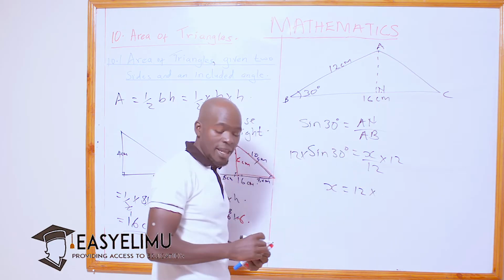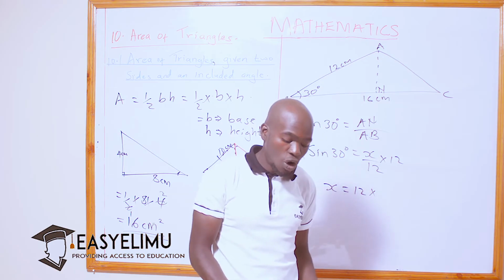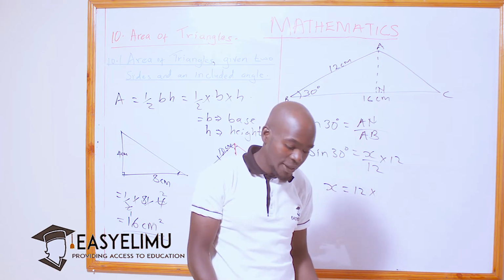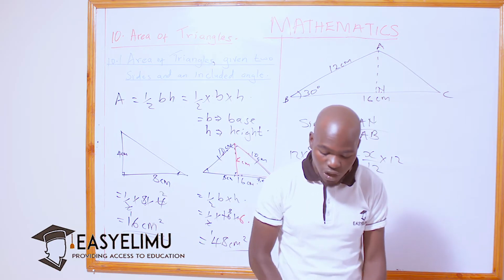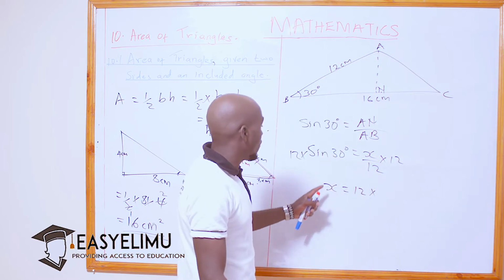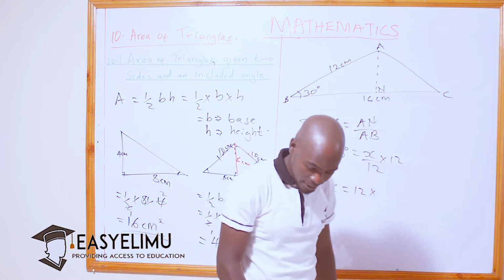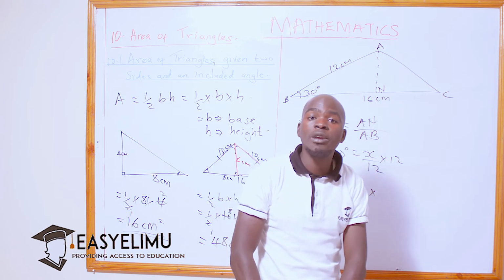You can use either the tables or a calculator, but in our case we shall be using natural tables, natural sines. Under the natural sines we shall find that the sine of 30 is 0.5.